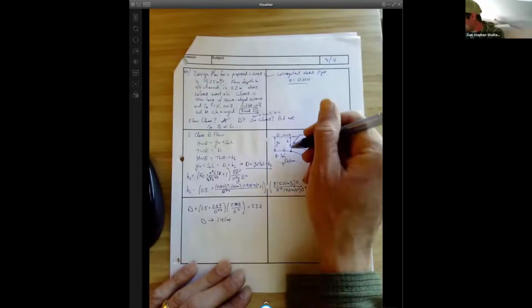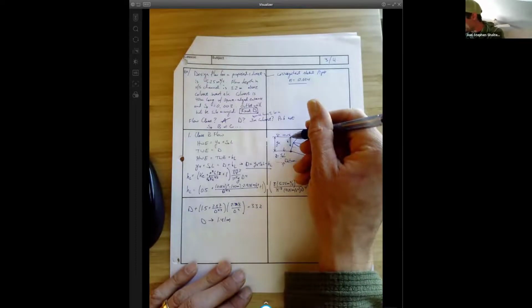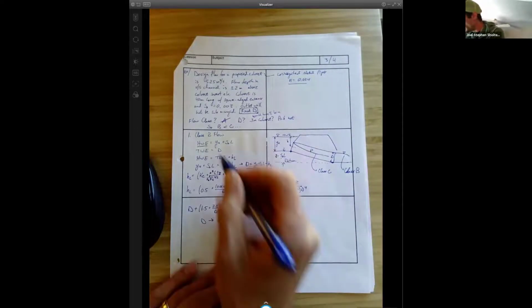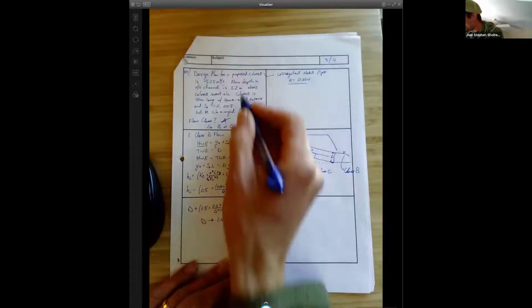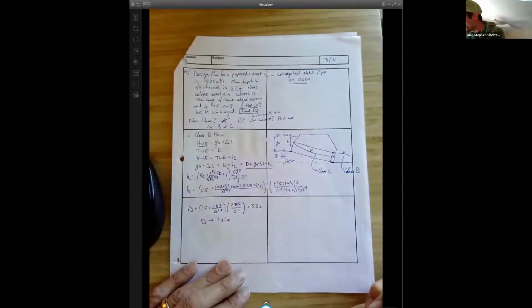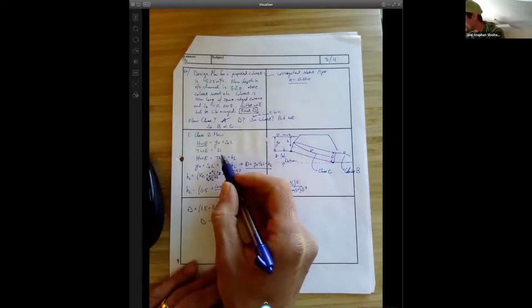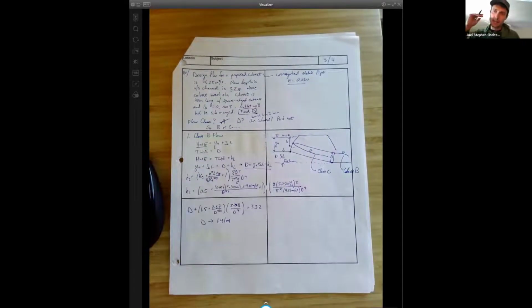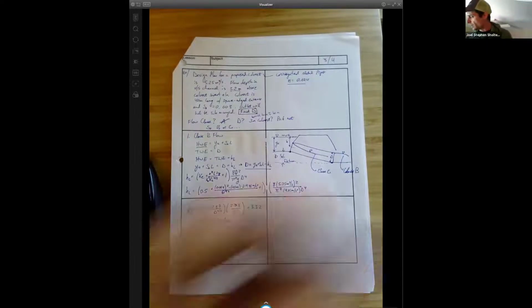And now we need to add our normal depth on top of that to get the total elevation at the headwater. So normal depth, which we were given right here, 3.2 meters, and then the slope times the length of the culvert. Our tailwater elevation under Class B flow is going to be the diameter of the pipe, because that's just the elevation off of our datum.